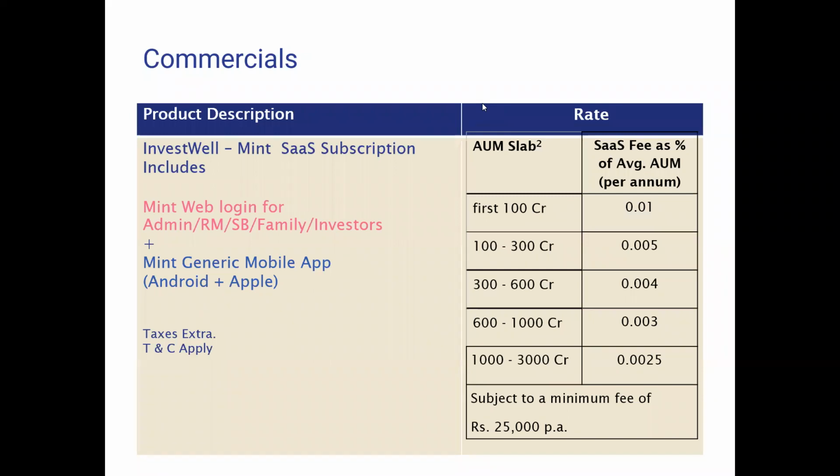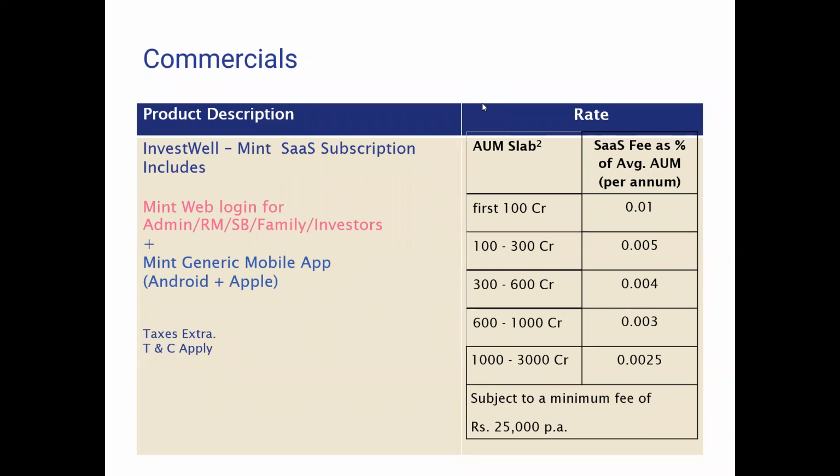It's all AUM based, with a minimum pricing of 25,000 for 25 crores of AUM. Above that, it's 0.01, that is 1,000 rupees per crore. So if your AUM is 26 crores, it is 26,000.